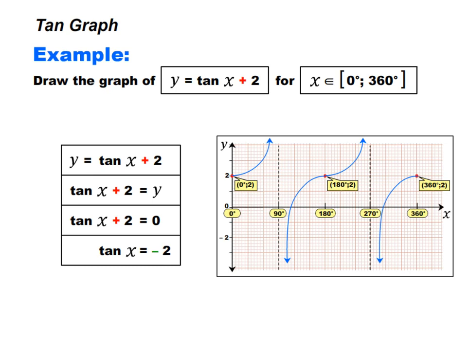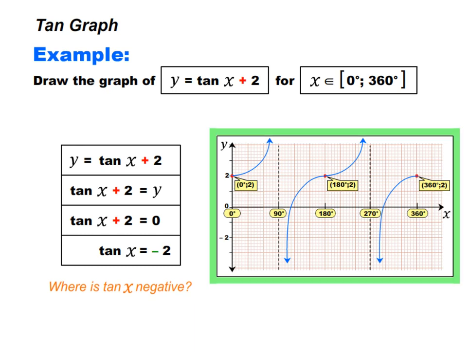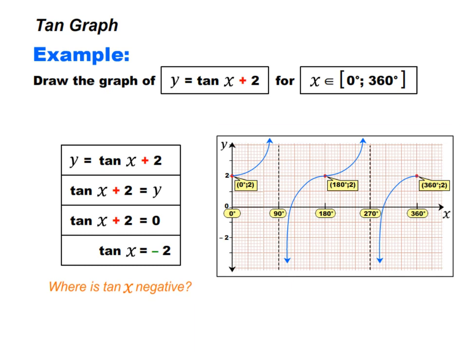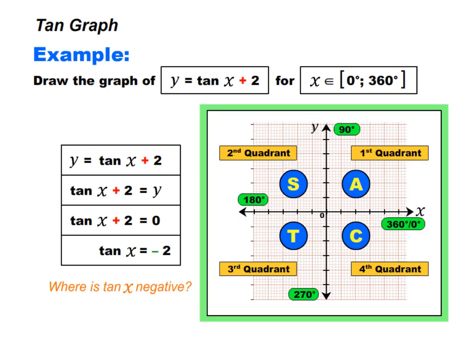Next, let us ask ourselves a question. Where is tan x negative? We saw in the previous example that tan x was negative in the interval 90 degrees to 180 degrees, and the interval 270 degrees and 360 degrees. Look at this diagram.